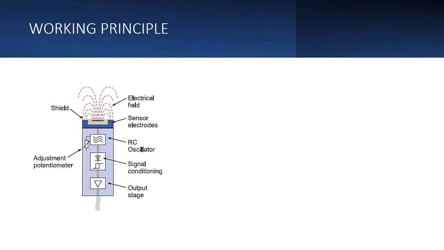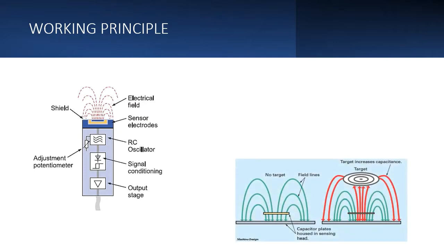So here you could see the sensor structure and it creates the electrical field, and whenever some part comes into the nearby area, the capacitance changes, and this change in capacitance is sensed by the sensor and it gives the output accordingly, right?